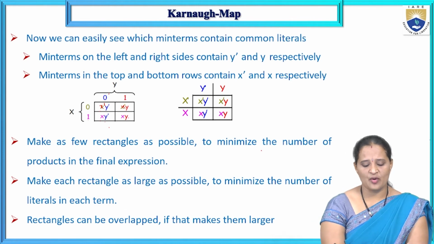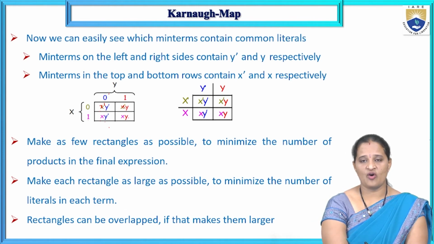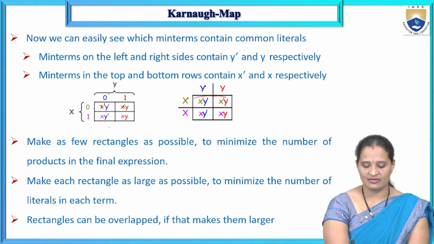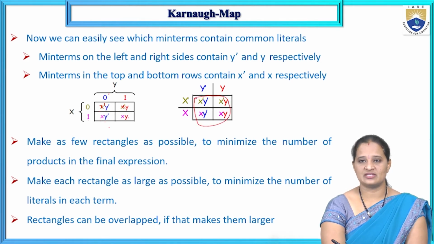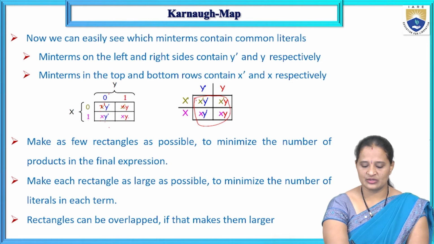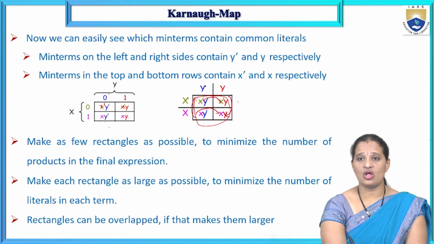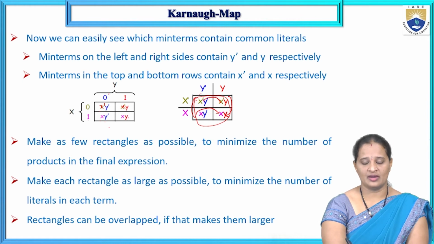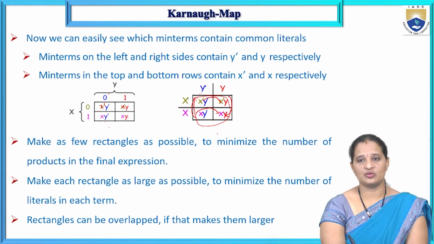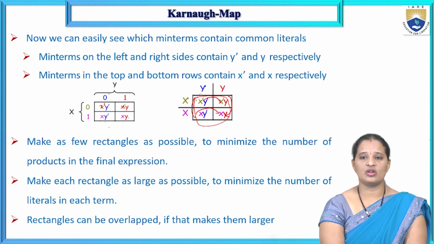The maximum possible group that we can form in a two variable K map is a group of 4 adjacent cells. This cell is adjacent to this one, this cell is adjacent to this one, and this is adjacent to this, and this is adjacent to this. So all the 4 cells are adjacent to each other in some way, and I can group all of them.